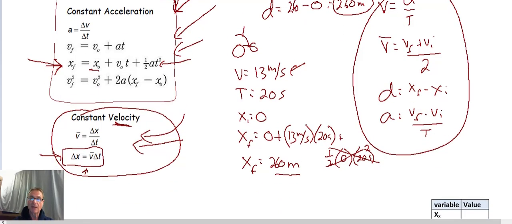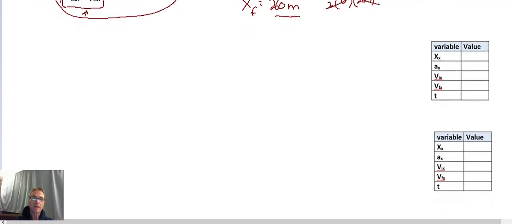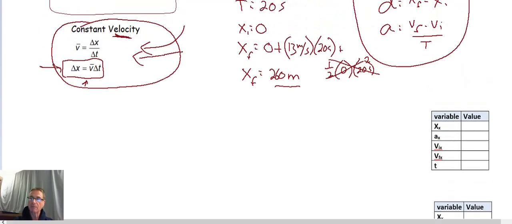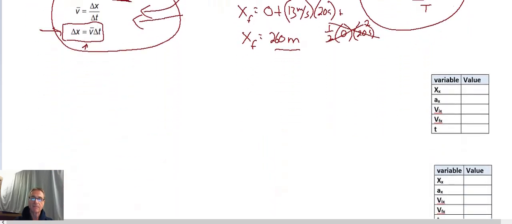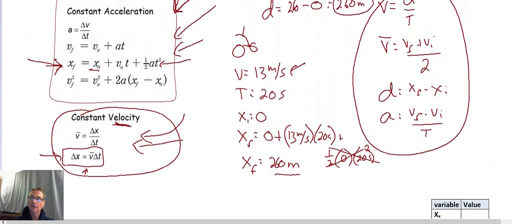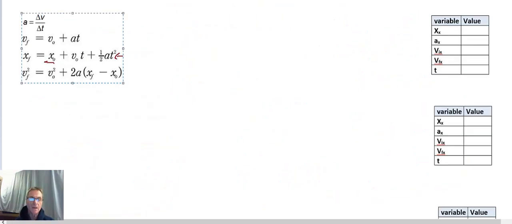Let's scroll down here a little bit, and I'm going to recopy our equations from up at the top. All right, so magically I've recopied those equations from the top down to the bottom here.